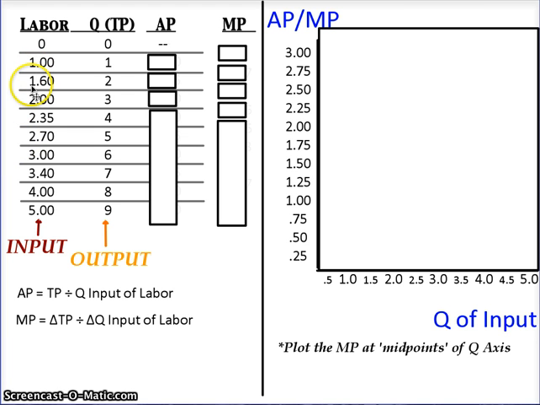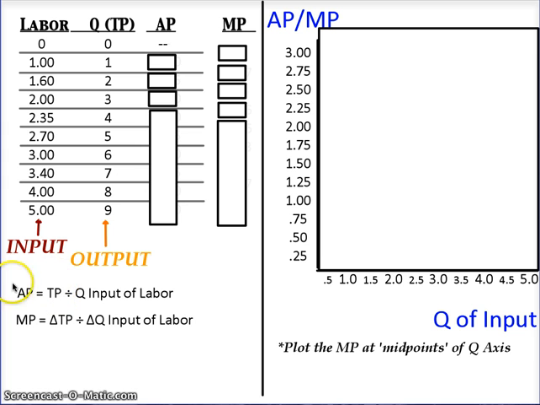Why don't we assume number of hours, labor hours being utilized. Total product is our output level. So 1 hour of labor can produce 1 unit of output. 1.6 can produce 2 units of output. 2 labor can produce 3 units of output, and so on.